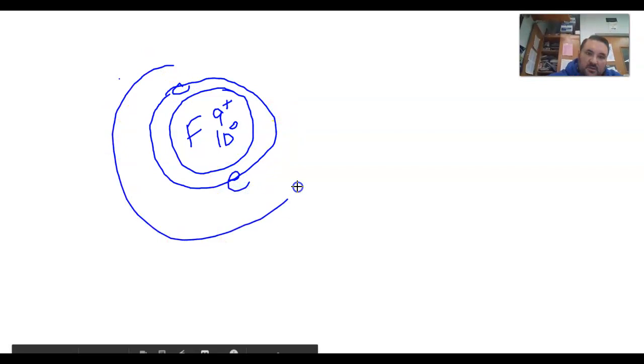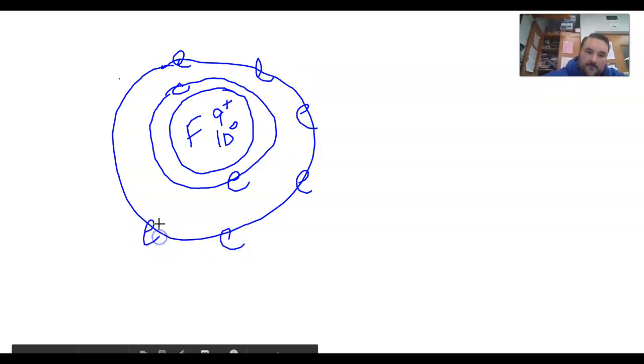The next shell will have 7. And it really wants to get to the magic number of 8 because it wants 1 for this last spot.